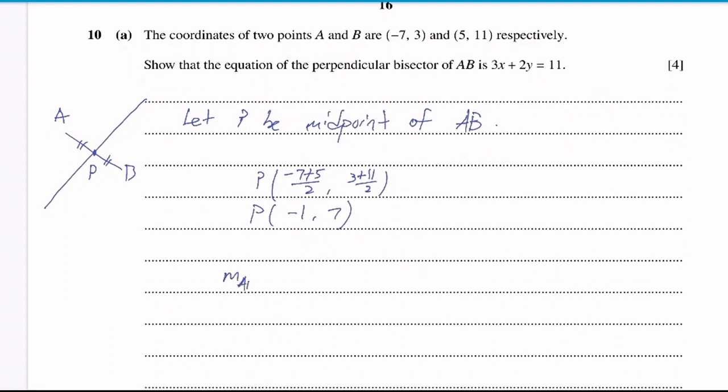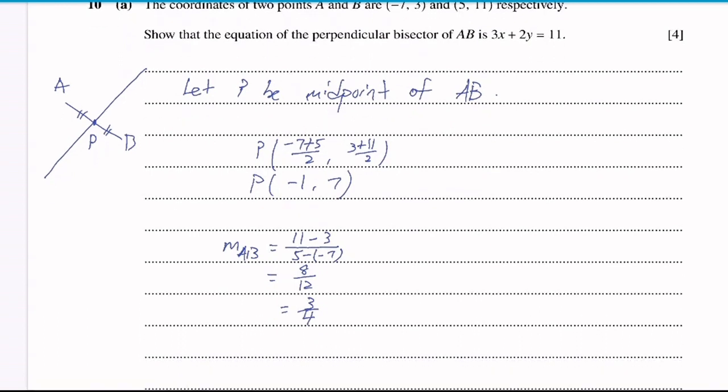The gradient of the AB is 11 minus 3 divided by 5 minus -7, which is 8 over 12. It's 3 over 4. So with that, the gradient of the bisector is -4 over 3 in this case.